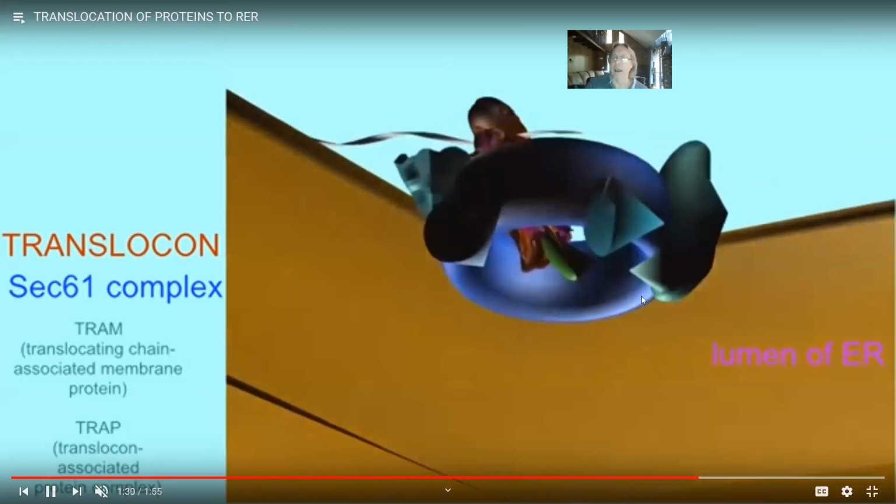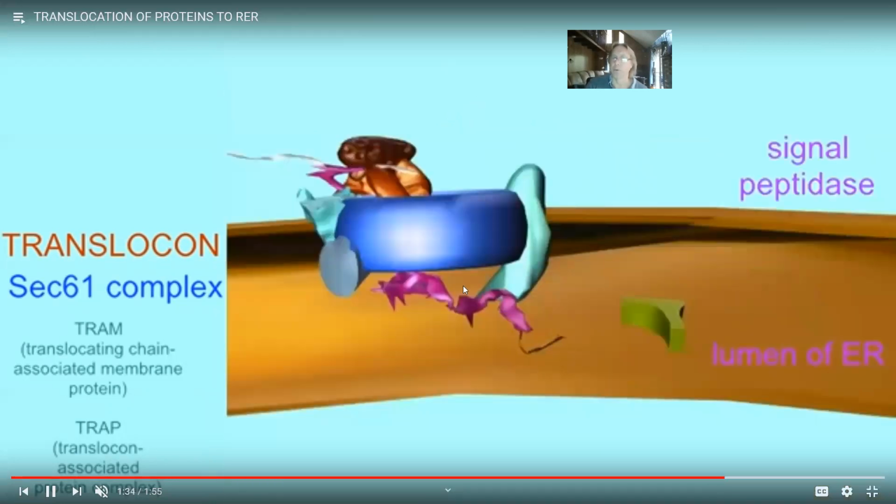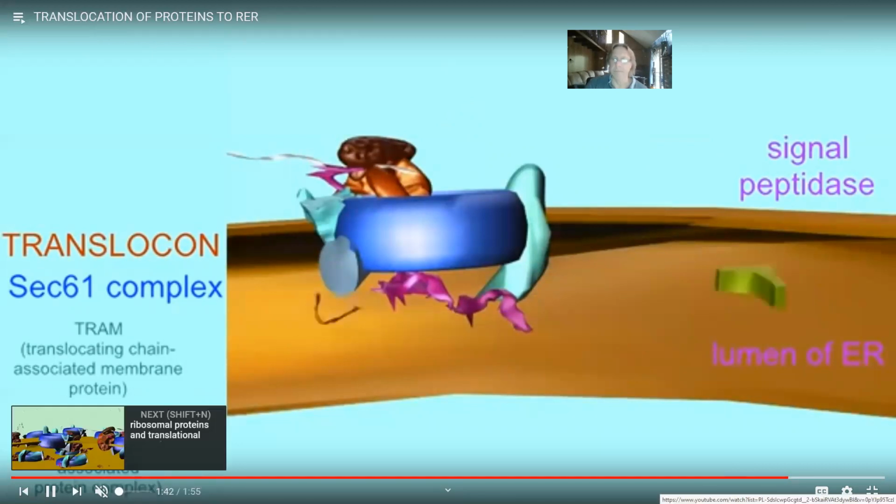And so now, because it was transported here, the rest of the amino acid sequence will be made there. Okay. There are other ways in which translation can be regulated.